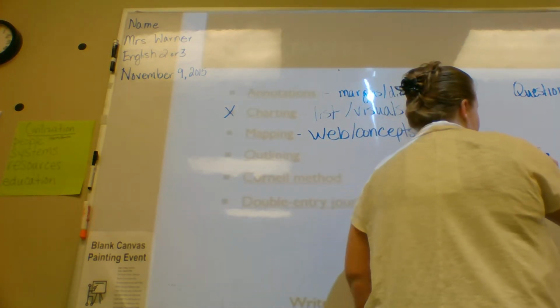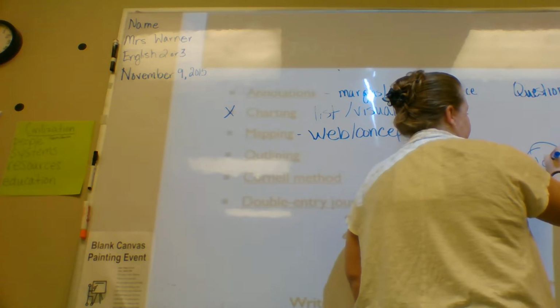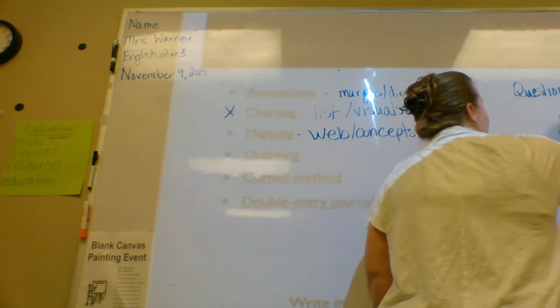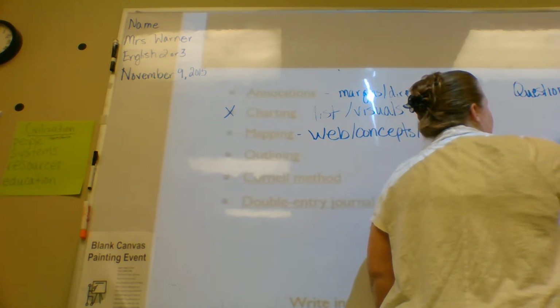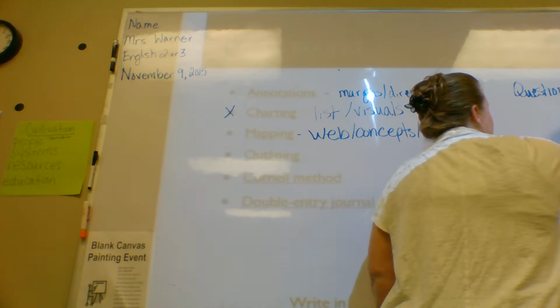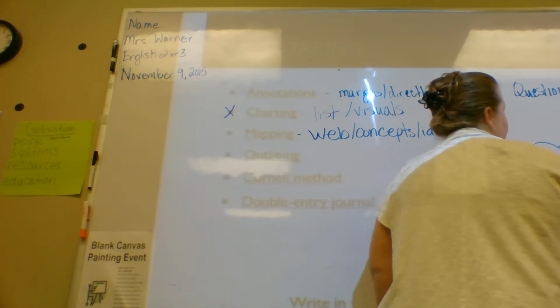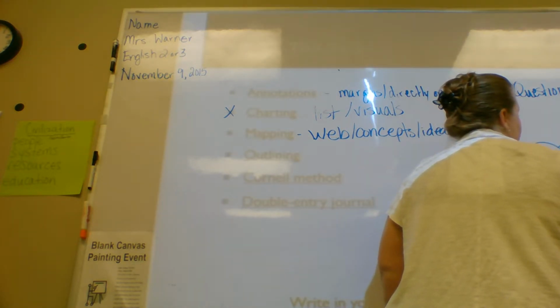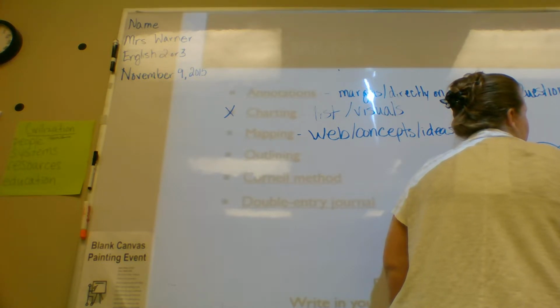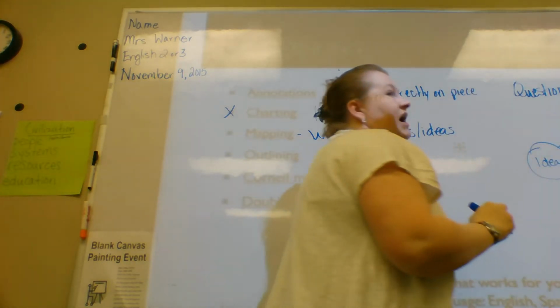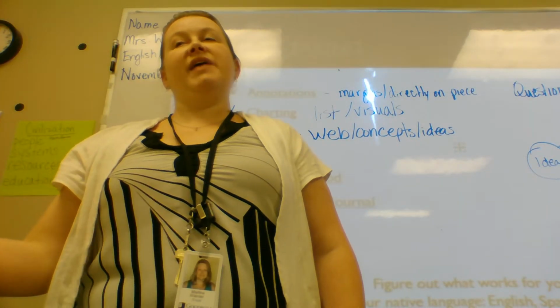So you start with an idea in the center, and then you have something that relates to that. Here, and then another idea here. And you can just keep adding to that.